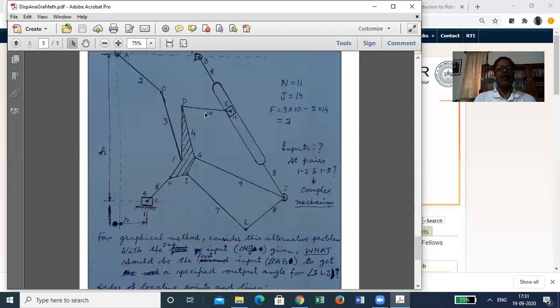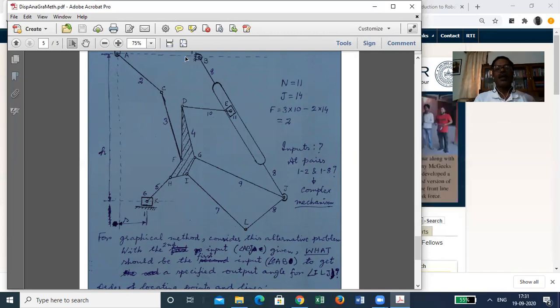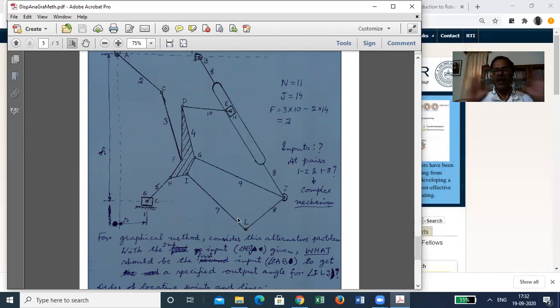With the second input, that is angle ABJ, say we were talking about two inputs at 1 2 and 1 8 pairs. So suppose the input at 1 8 pair is known, angle ABJ, J is here. With the second input, angle ABJ given, what should be the first input, angle CAB, such that one of the output angles, angle ILG, has a specified value.